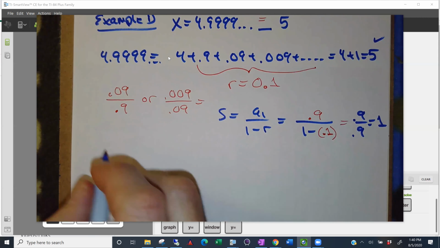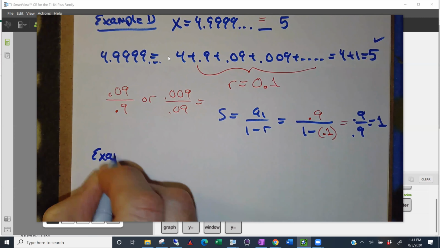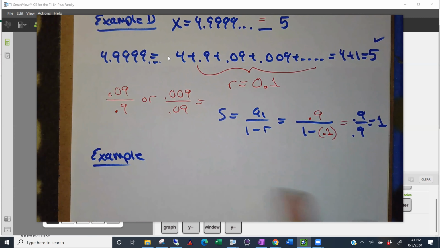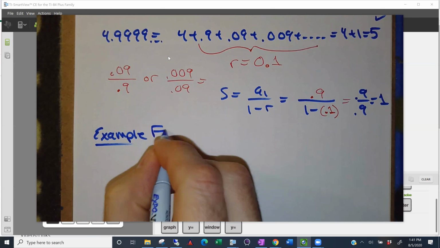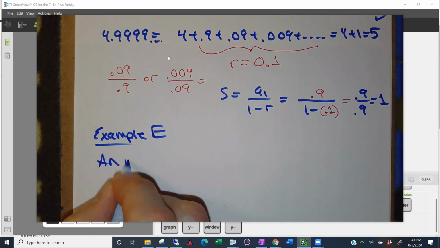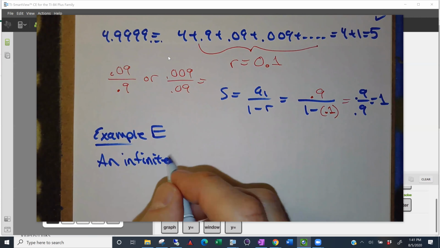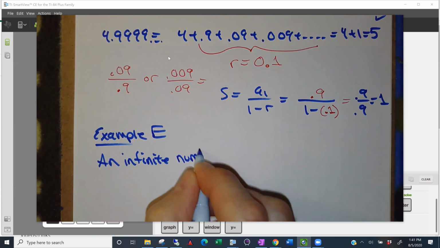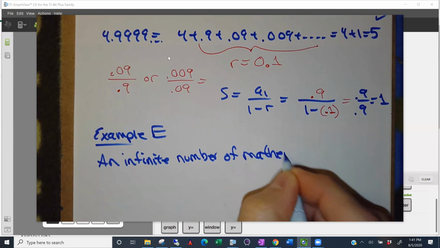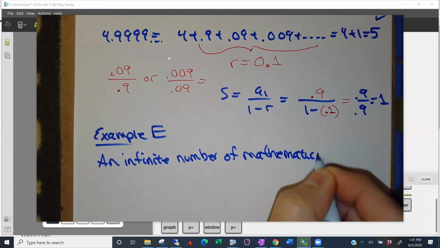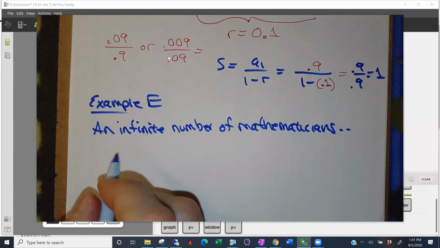Okay, let's add to our mix here a little bit. An infinite number of mathematicians walk into a bar. An infinite number, isn't that cool? That's a lovely thought. The first one orders 1 beer.